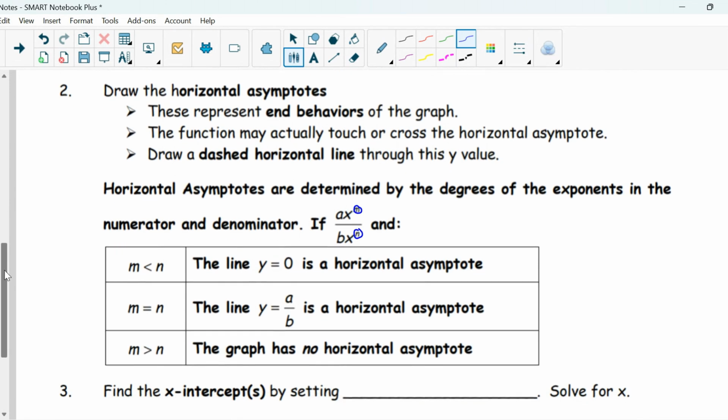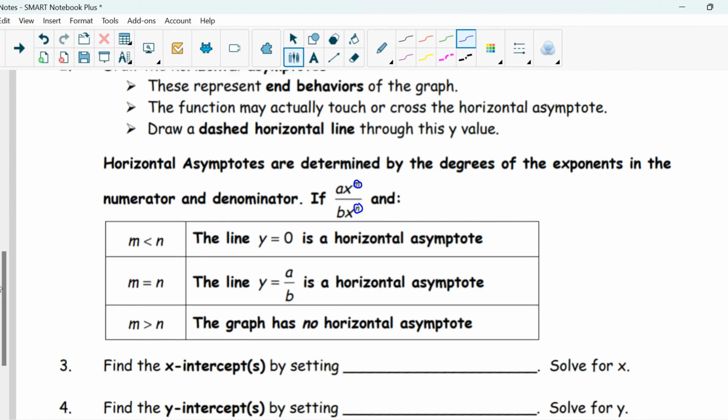So really the key here is if the degree of your numerator is less than the degree of your denominator, in the first case here, the line y equals 0 is the horizontal asymptote. If they are equal, the line y equals the leading coefficient of your numerator over the leading coefficient of your denominator is the horizontal asymptote. But if the degree of your numerator is greater than your denominator, there is no horizontal asymptote.